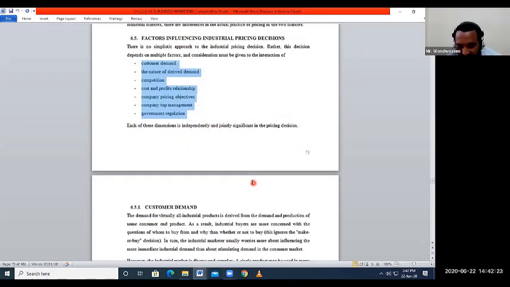Each of these dimensions relates to the company pricing objective. There are around 5 pricing objectives in any organization.